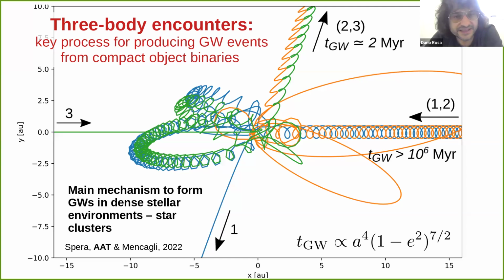I see. So when one body goes in one direction and the other two go in another, the direction of this motion is highly sensitive to the initial conditions, right? Because that is what makes the system chaotic. Yes, but not completely chaotic.